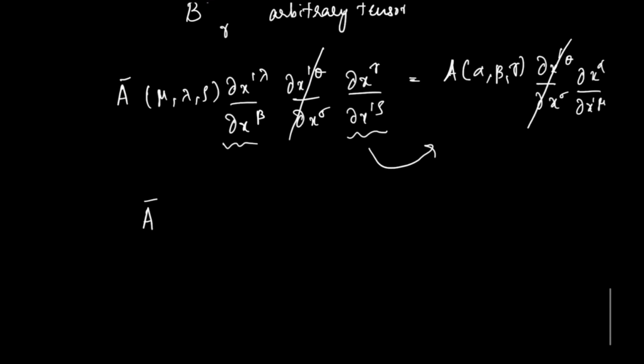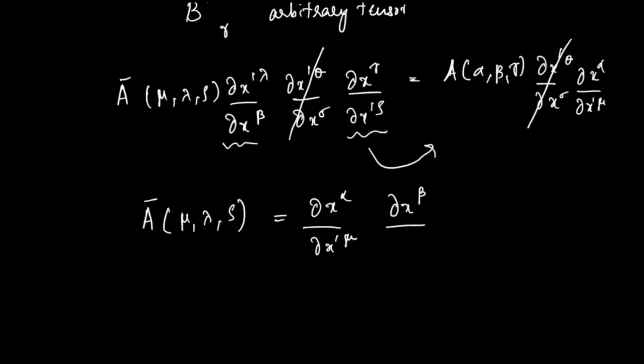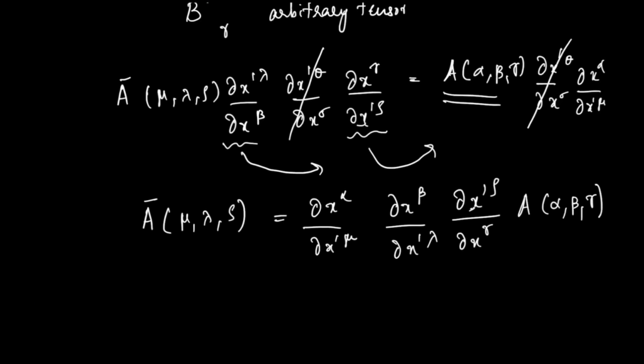So I can write A bar mu lambda rho is equal to partial derivative of x alpha with respect to x prime mu, then partial derivative of x beta with respect to x prime lambda, then partial derivative of x prime rho with respect to x gamma, then A alpha beta gamma.